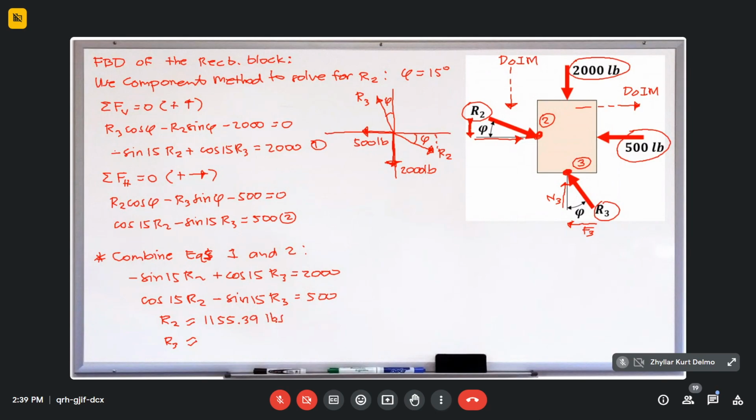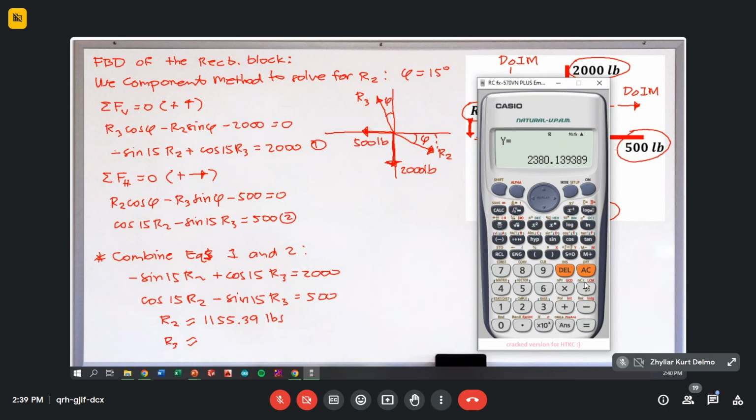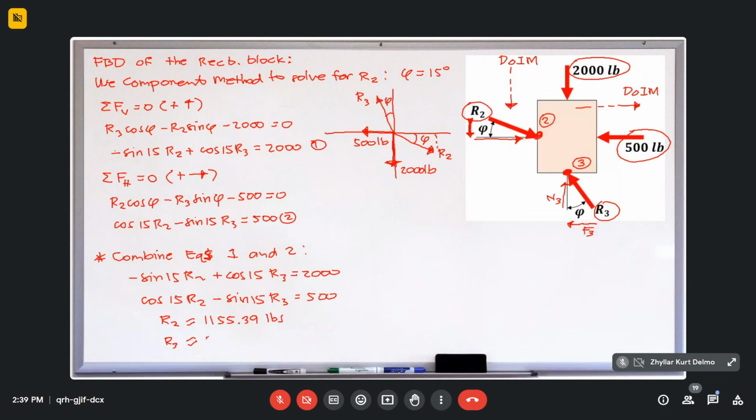Then our R3, even if we don't need to find it, we just indicate it: 2380.14 pounds. So we will use this in the next FBD. We will use this value: R2 is equal to 1155.39 pounds.